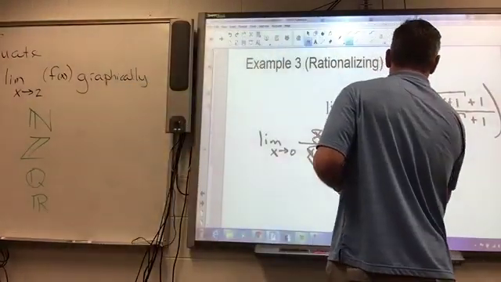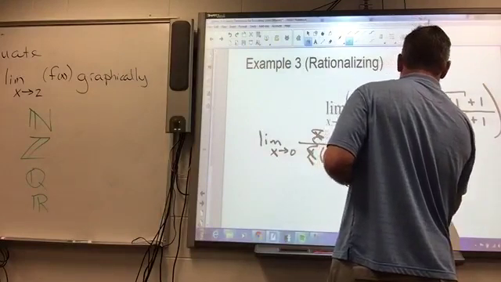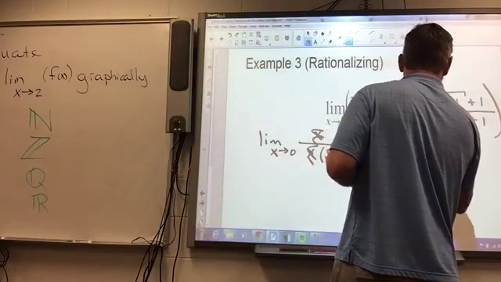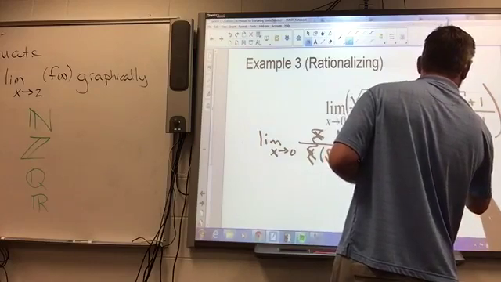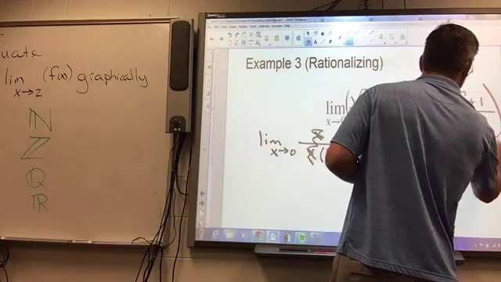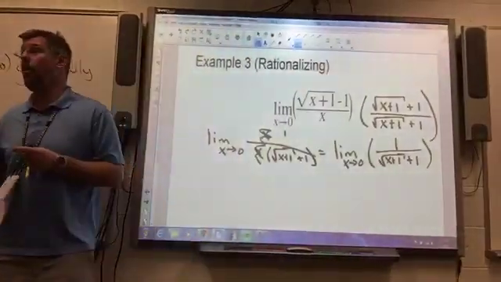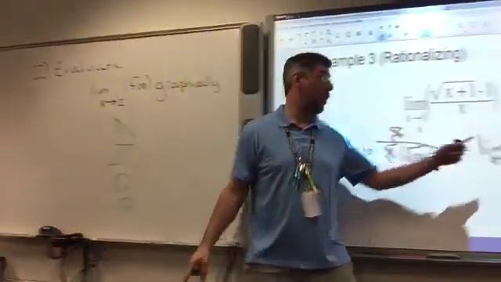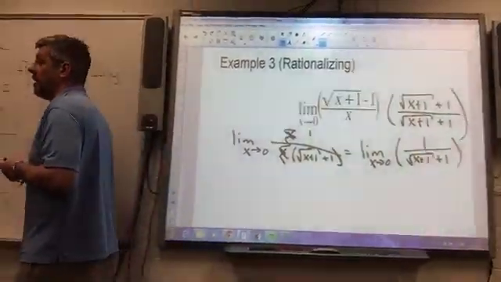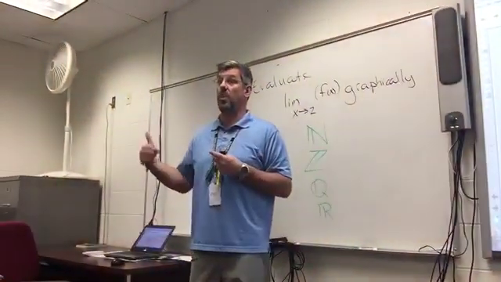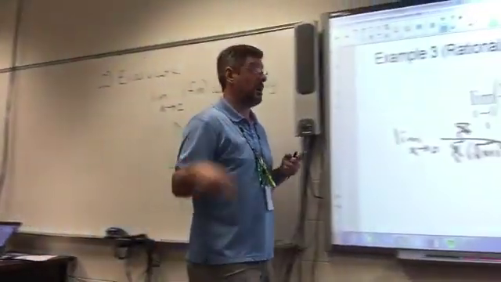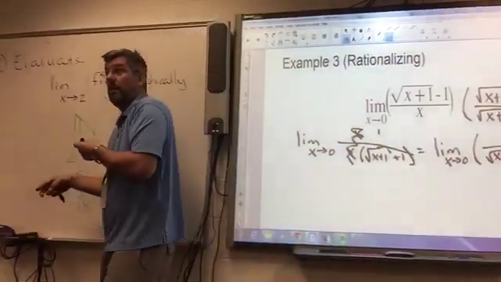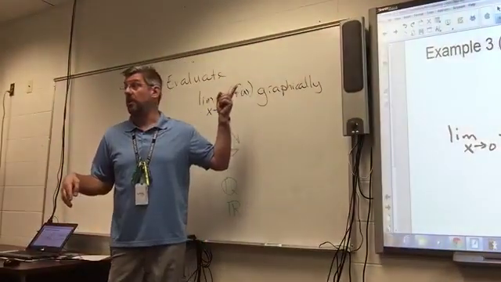So now I got the limit as x approaches 0 of 1 over square root of x plus 1, plus 1. Now, put in 0 for x. 0 plus 1, square root of that, plus 1, 1 over that.